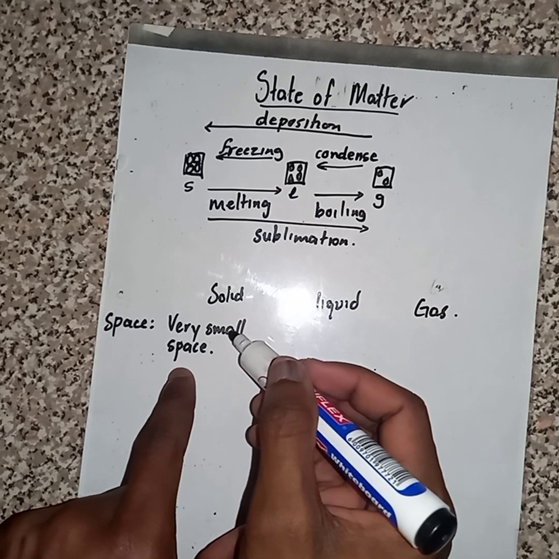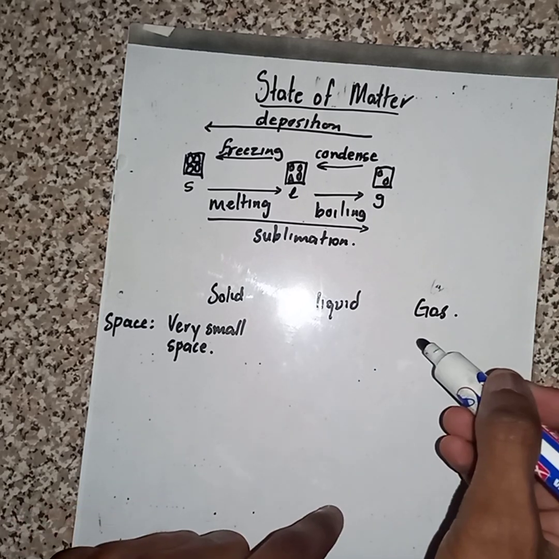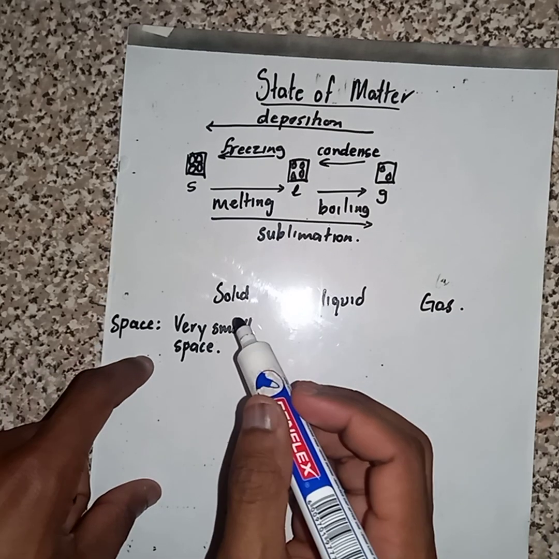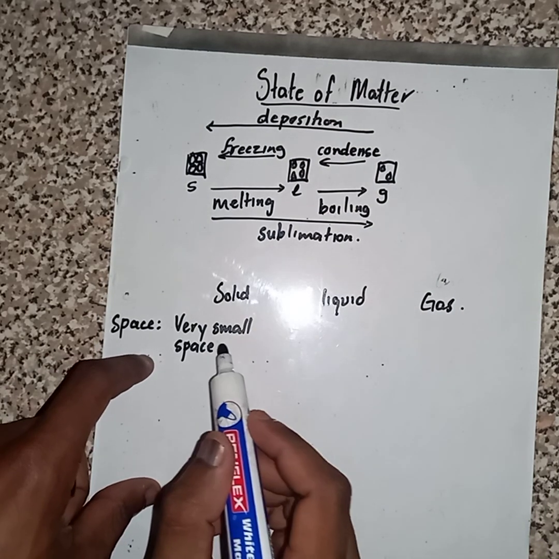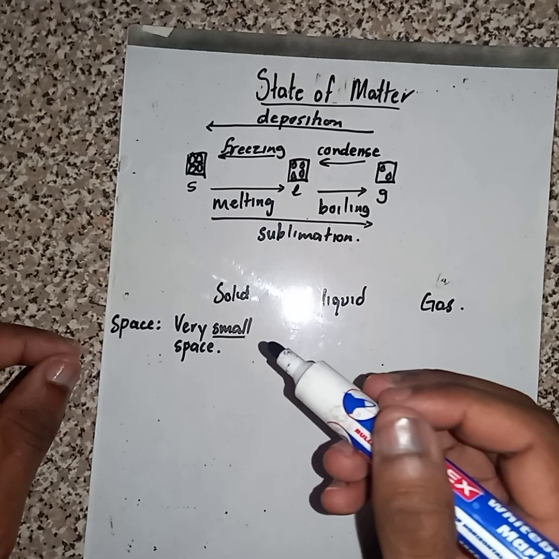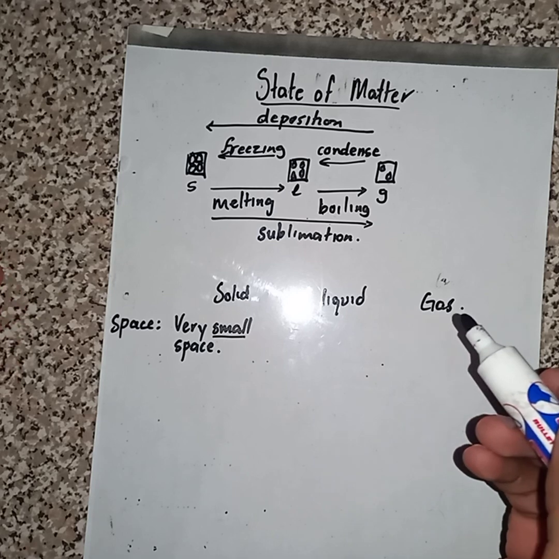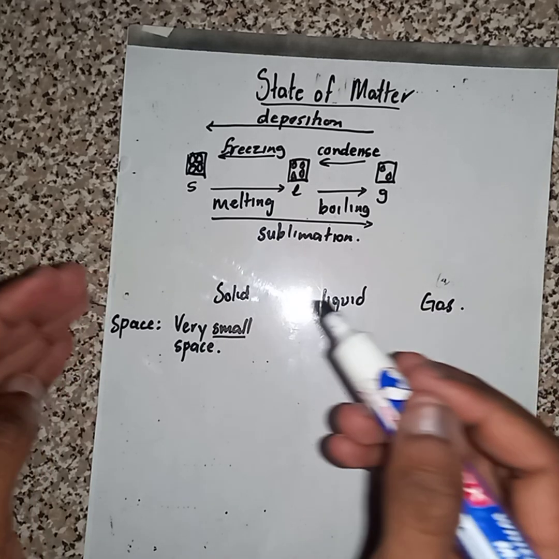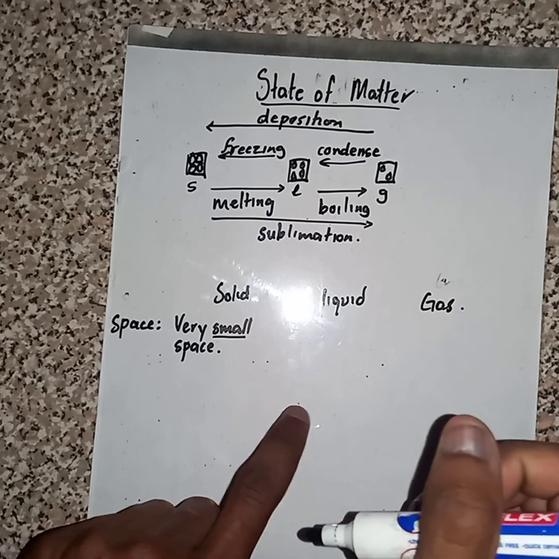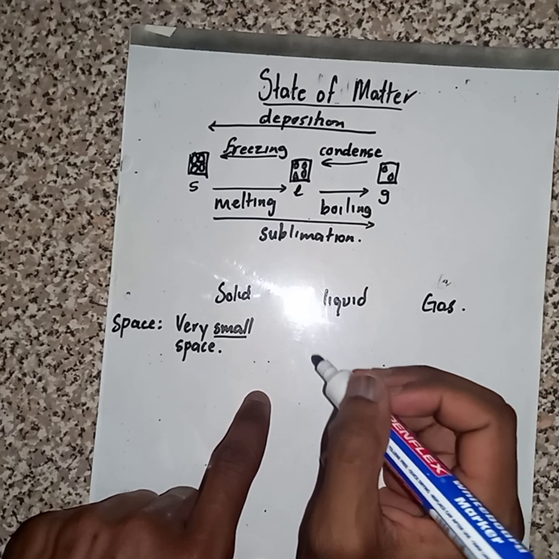Of a solid now, but less than of what? Of gas. The reason that we said the solid phase has small spaces is because its particles, they are closely packed to each other.